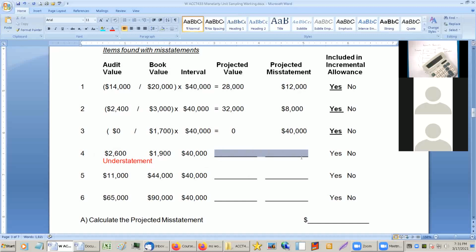Projected value, that interval will be 40,000. Projected misstatement, 0. Included, no, there's nothing wrong with it. You would include it in the incremental value only if there were a problem, but it's perfect. So if it's an understatement, projected misstatement is going to be 0.